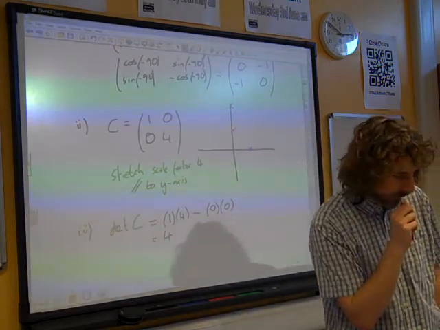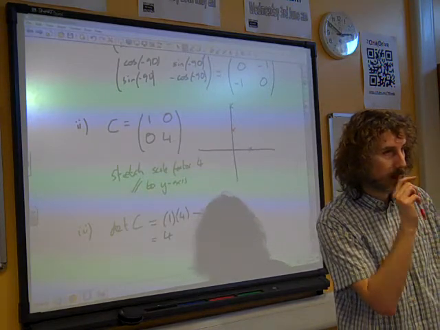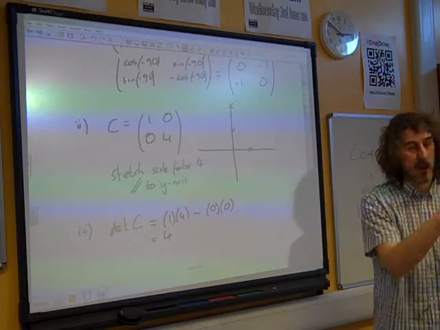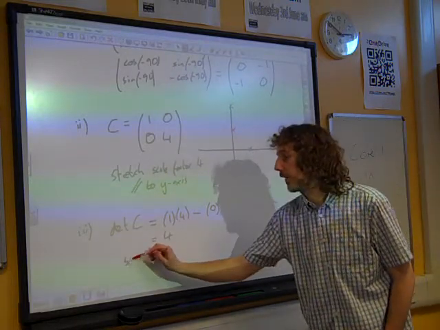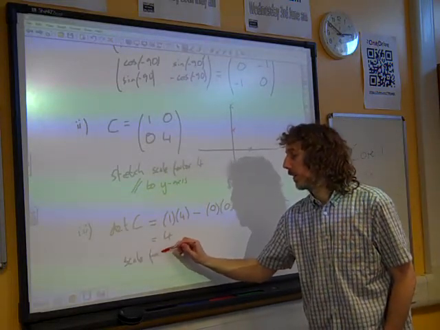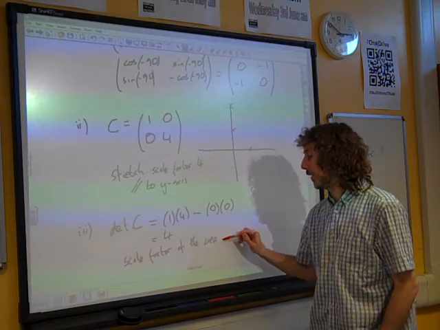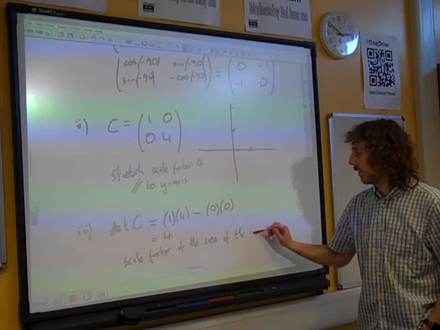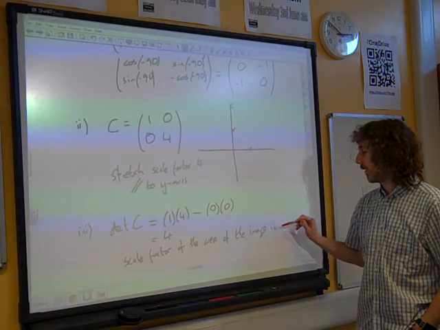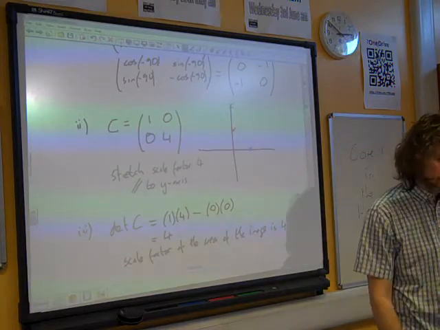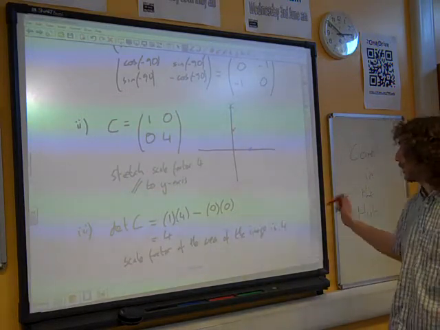Is that the area resolution? Oh. It's the scale factor of the area of the image. That's it. The scale factor of the area of the image. Okay.